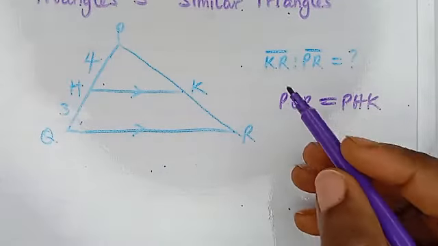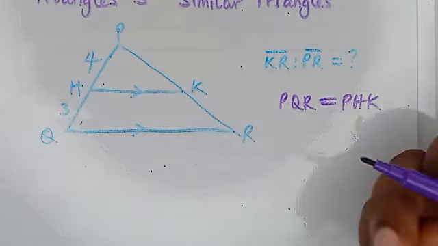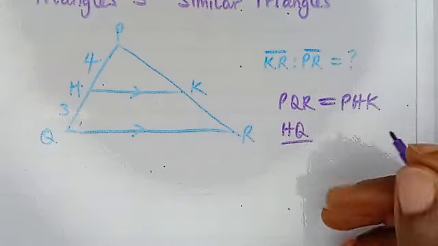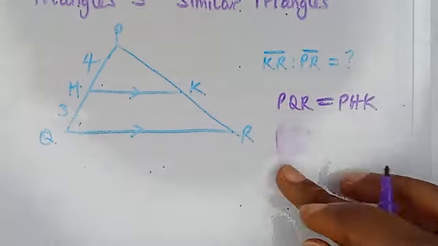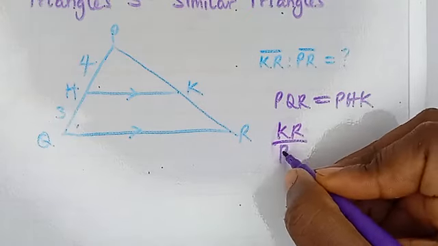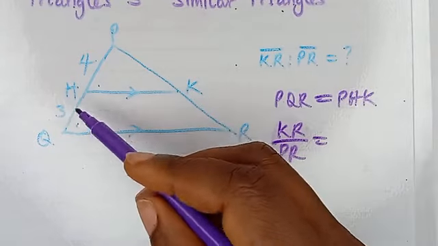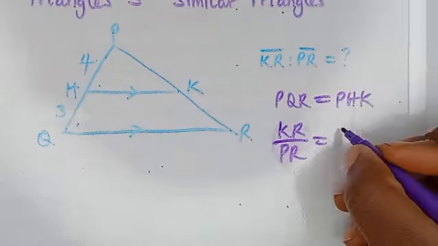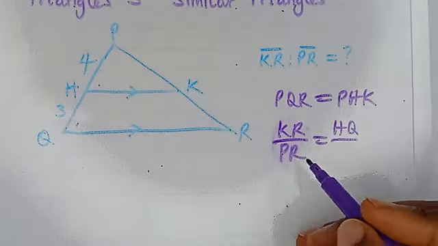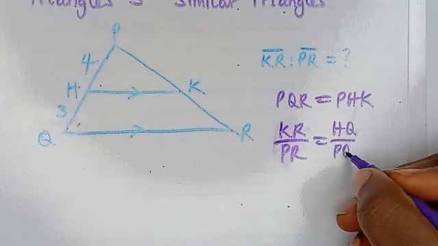So I start with KR over PR is equal to, so KR is corresponding to HQ, and then PR is corresponding to PQ.